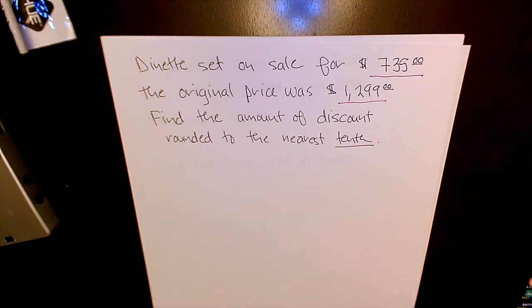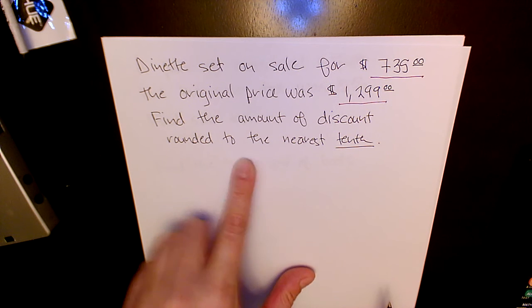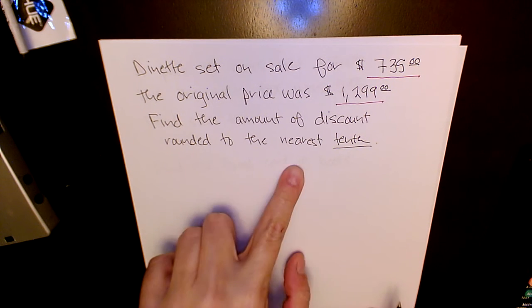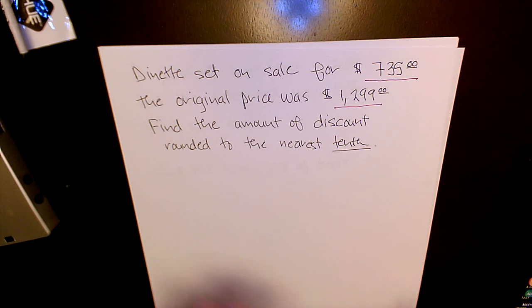Find the amount of discount, like what was the percentage? Like in the last problem, it was a 33% discount. We want to find out in this problem what percentage they are taking off, what percentage of discount we are getting. And they want it rounded to the nearest tenth. So be mindful of whether they want it rounded or not.